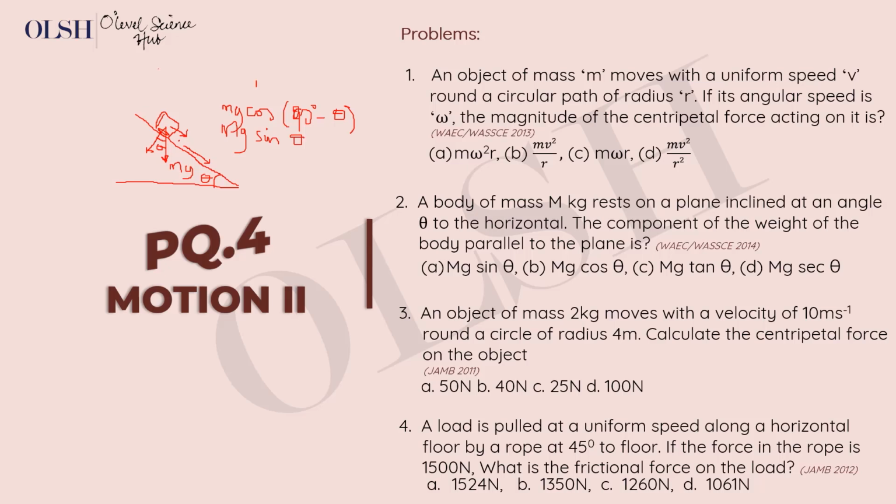This is for the horizontal. So we're either using mg cos of 90 degrees minus theta, where this whole thing in the bracket is the angle made with the horizontal, or mg sin theta, where theta is the angle made with the vertical. Alright, our answer is mg sin theta, which is A.